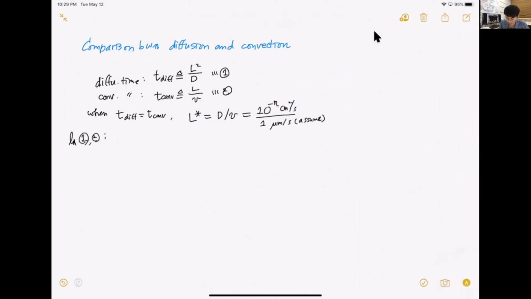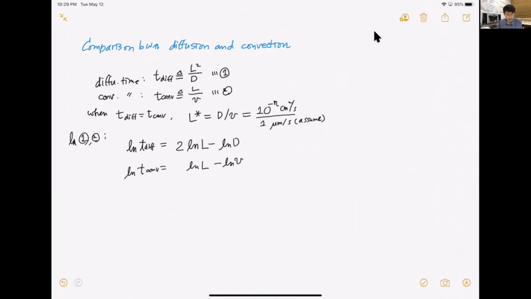Then what we will get is ln T diff equals 2 times ln L minus ln D, and ln T convec will be ln L minus ln V. Let's make everything non-dimensional.